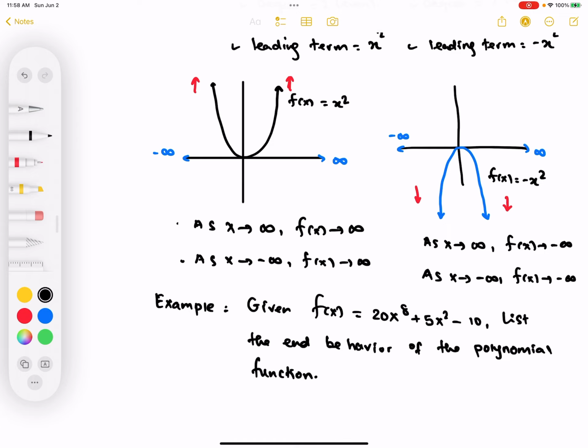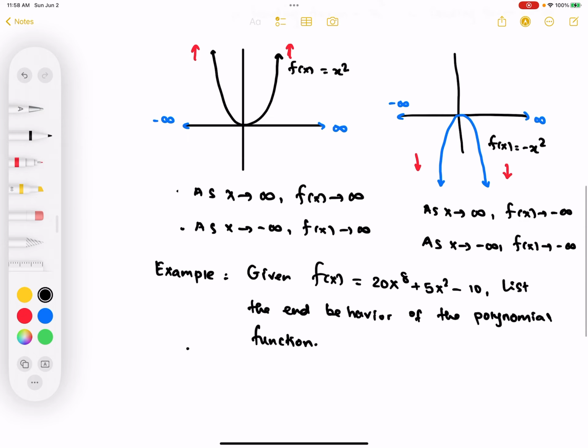Now our template to analyze this one is f of x equals x squared, which is related to our function, whose leading term is 20x to the 8. So they have the same end property.